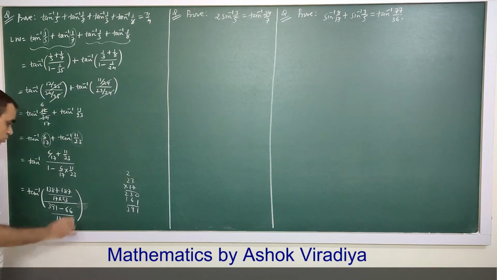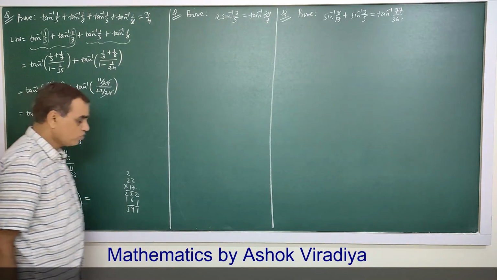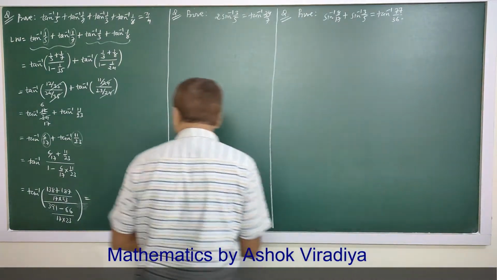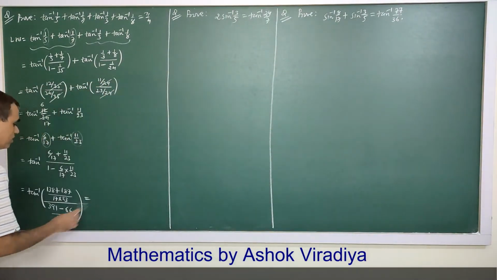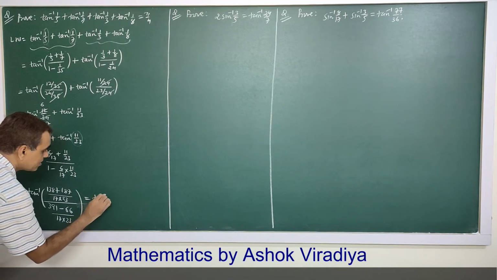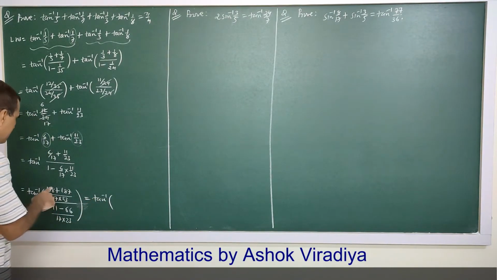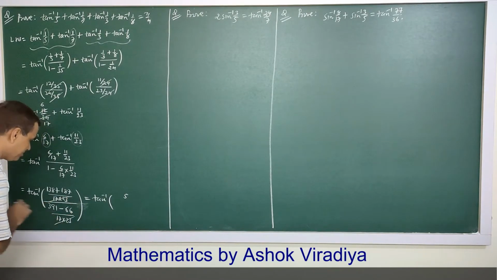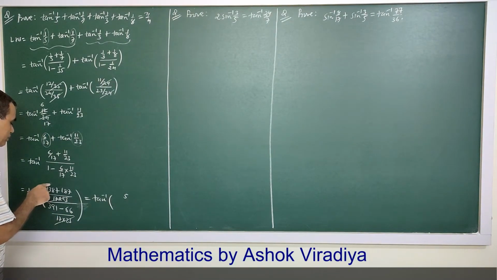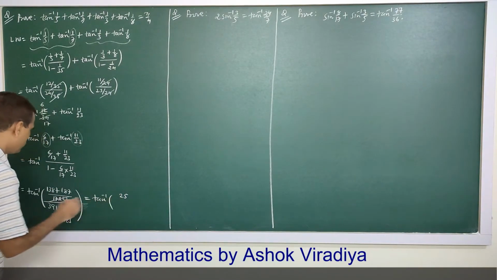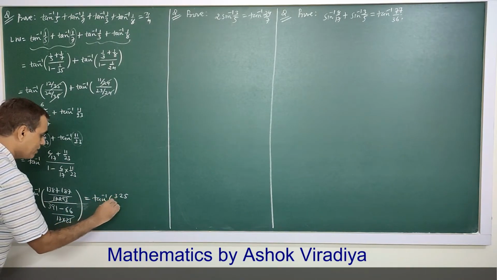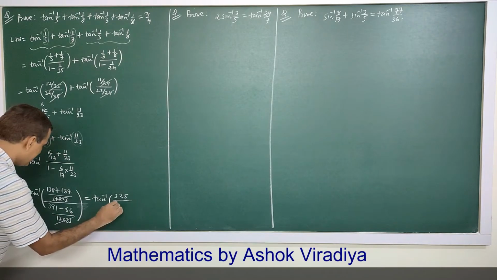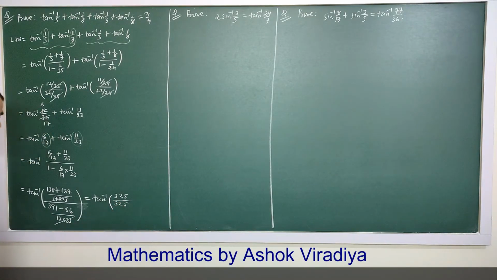Simplifying the inner number, we get tan inverse of 138 plus 187, which is 325, upon 391 minus 66, which is 325.